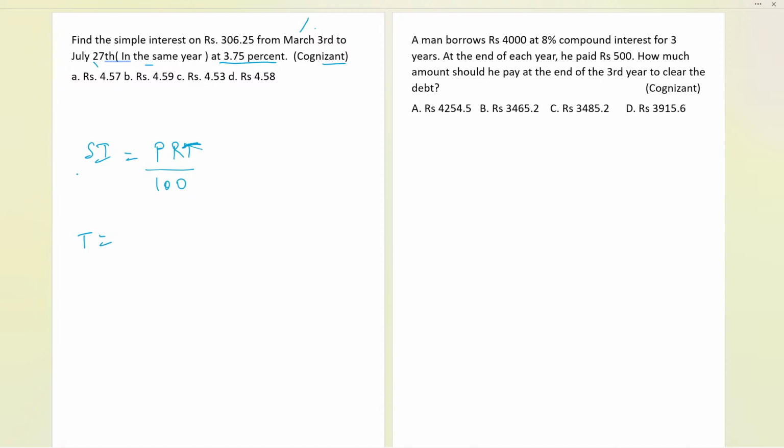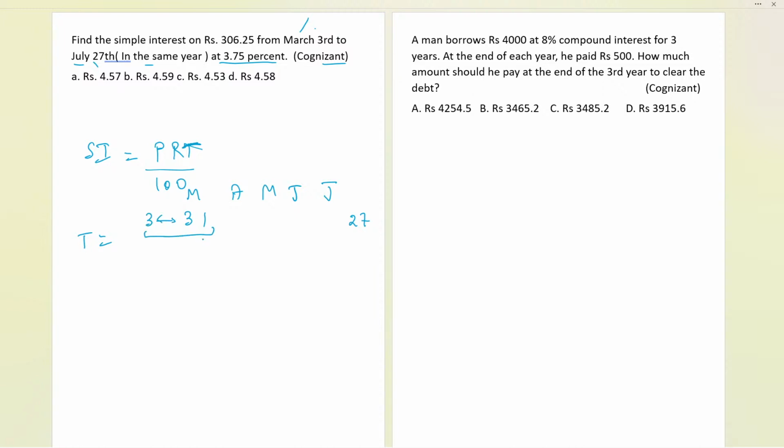If you see, in March how many days do we have? We have 31 days. Up to where do we have to go? March, April, May, June, July. July up to 27th. In March we have 31 days, but we are moving from 3rd to 31st.